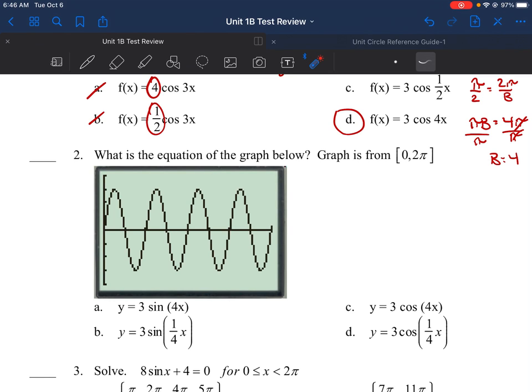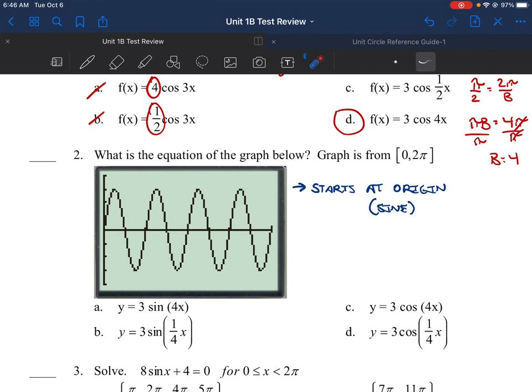So we can see that since the graph is from 0 to 2 pi, let's count how many cycles that we see. First off, notice that it's starting at the origin, which means I'm going to look at a sine function.